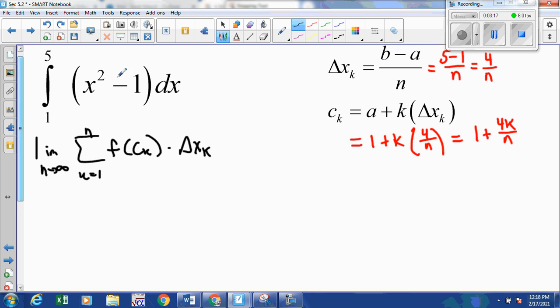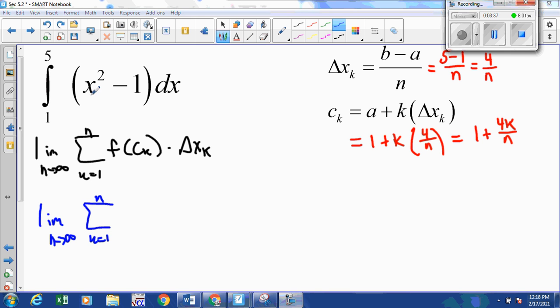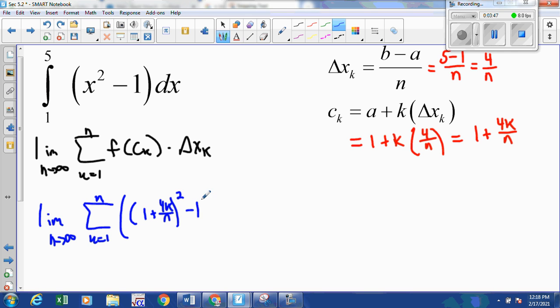If we substitute in our two pieces of information, this is the limit as n goes to infinity of sigma k equals 1 to n of f of ck, where f of x is x squared minus 1. So this becomes 1 plus 4k over n, squared, minus 1, times delta xk, which is 4 over n.